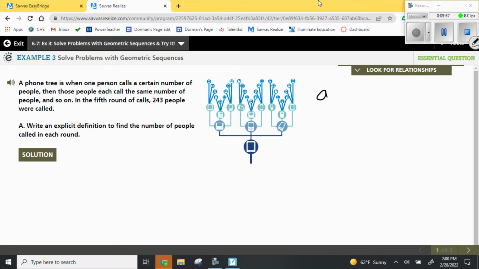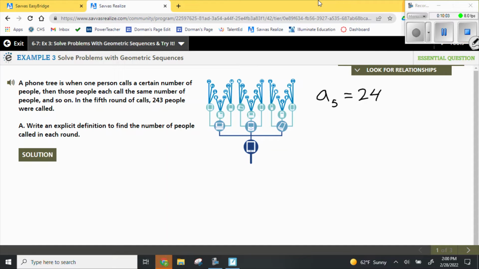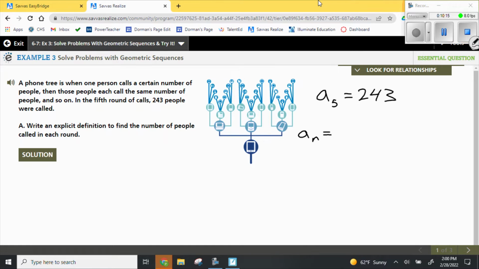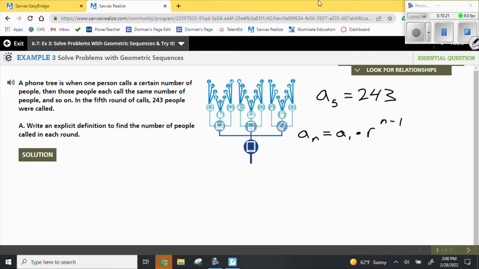So what they're telling us is that a sub 5, the fifth one, is 243.